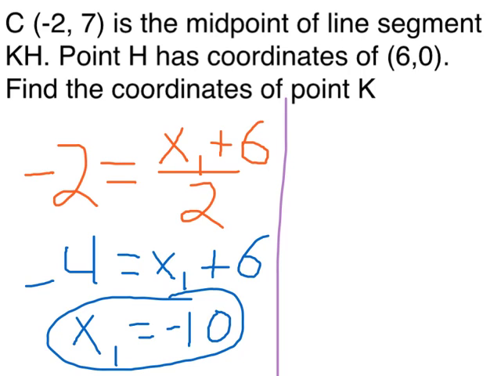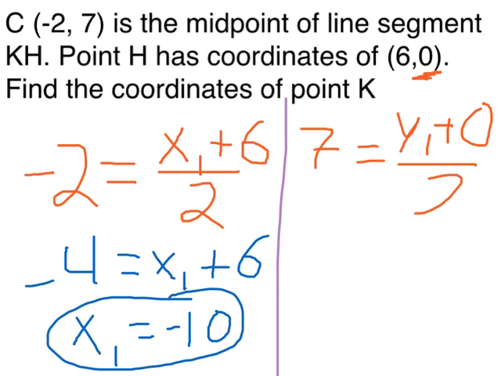Alright, let's go ahead and draw a little barrier line, and let's do it again over on this side. This will be for the y. I know the y midpoint is 7. So I'm going to set 7 equal to y1 plus 0, because that's the y value for H, divided by 2. Now if I multiply 2 times 7 to get rid of the 2 on the bottom, I get 14, and that will equal y1 plus 0.